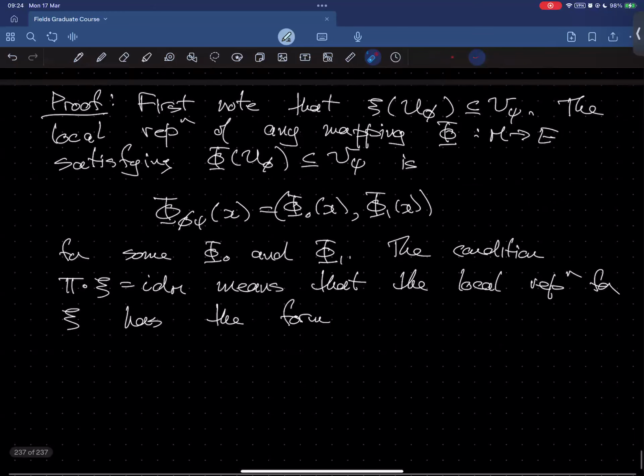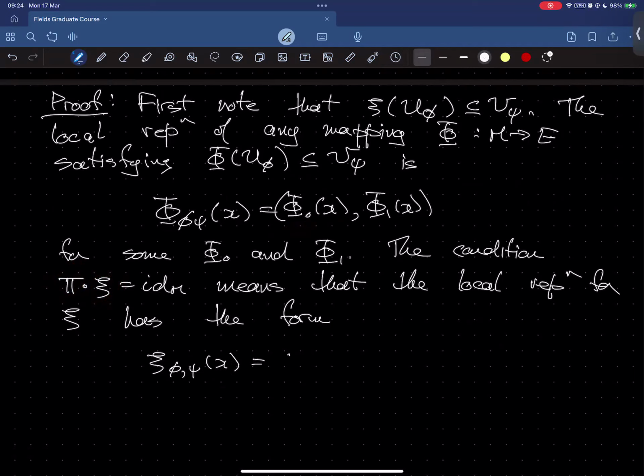All right, and so the punchline is that because C takes points in M to the fiber over that same point, this thing is just going to be X. So in other words, phi 0 is the identity.